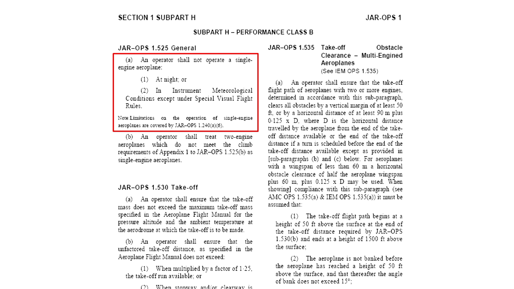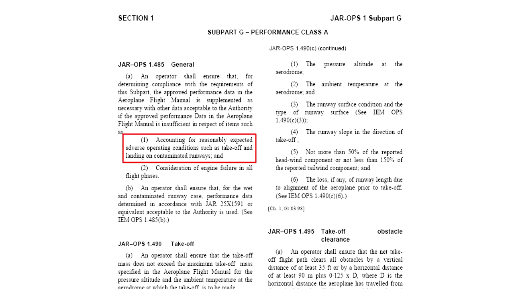Class A aeroplanes, on the other hand, are subject to very stringent certification specifications and will, therefore, have the least stringent operational regulations applied to them. They are allowed to operate even in the poorest conditions.